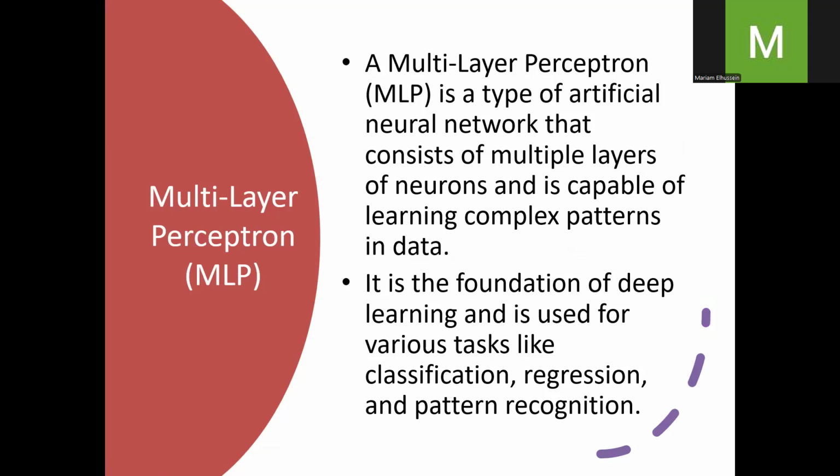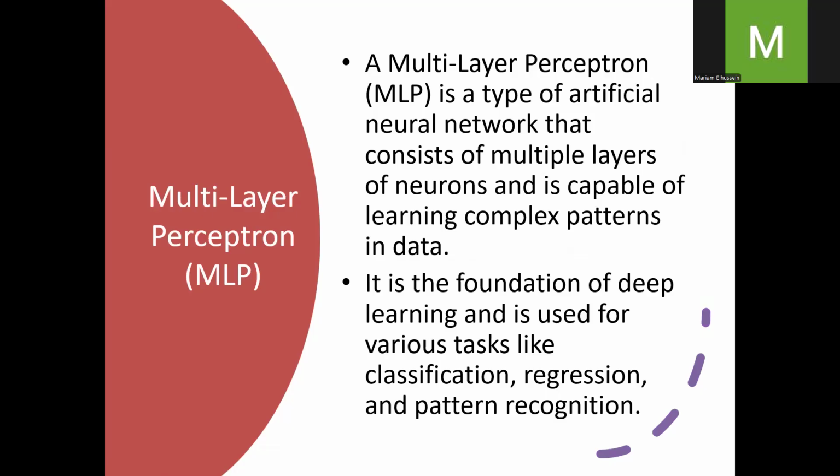These multiple neurons have the capability of learning complex patterns in data. This is the foundation of deep learning, and it's called deep learning because of the multiple layers that go into it.